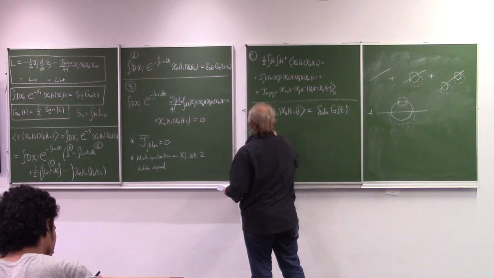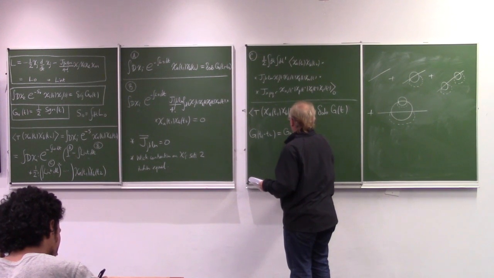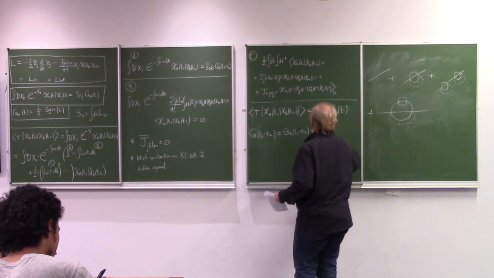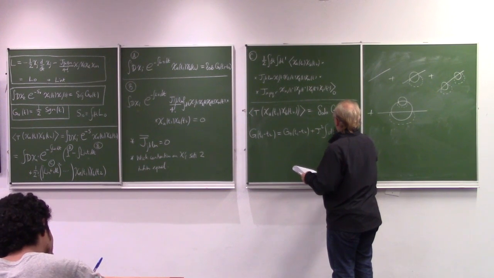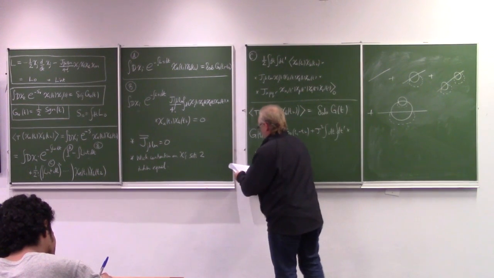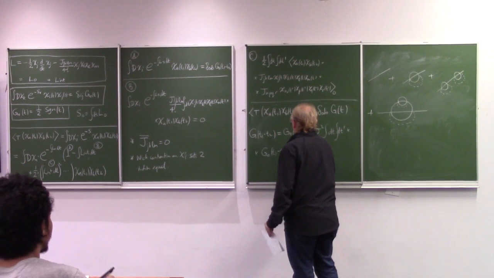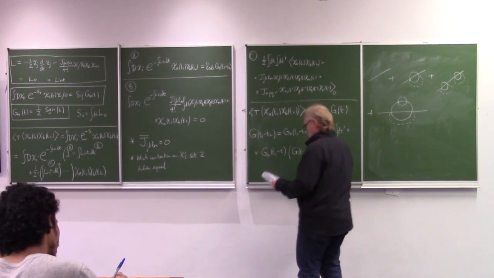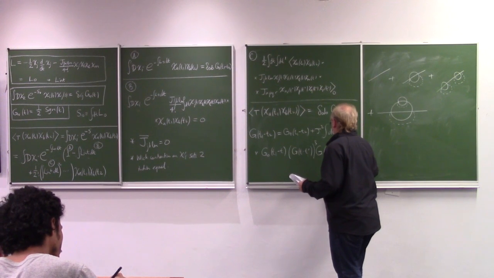G of t1 minus t2 is equal to G naught of t1 minus t2 plus J squared integral dt integral dt prime of G naught of t1 minus t, G of t minus t prime cubed, times G of t prime minus t2.